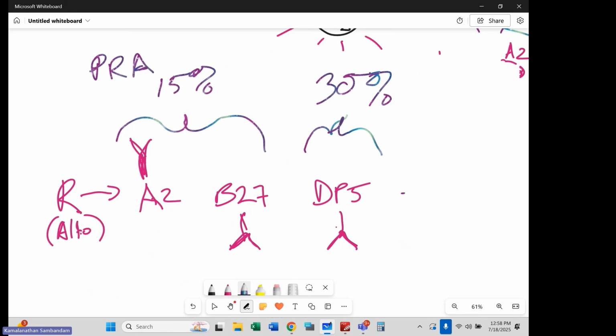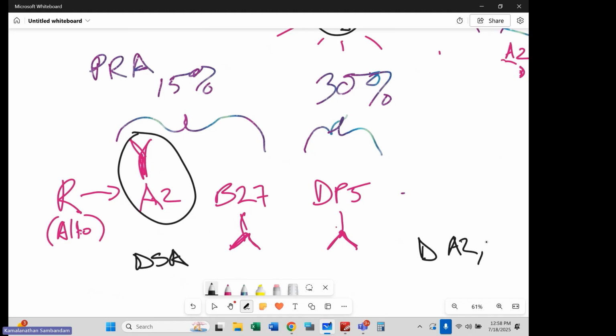Okay, and then they'll say, but only A2 is donor specific. That's your DSA, your donor specific antibody. Why? Because the donor kidney expresses A2 on the cell surface, right?